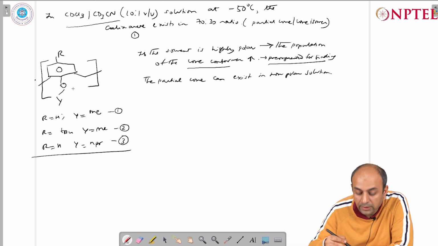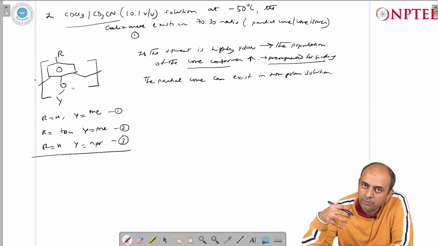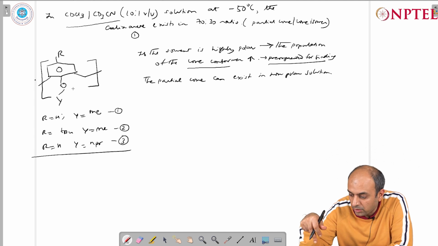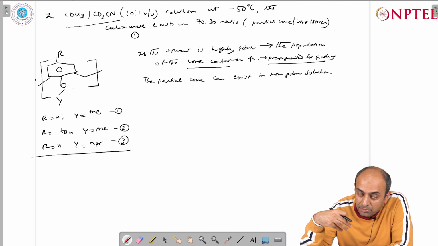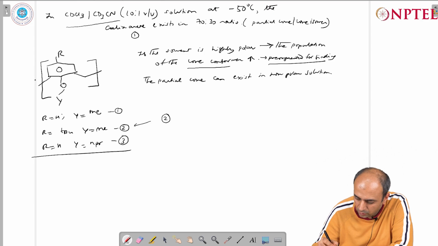Because all the oxygen atoms are in the lower rim and they are more oriented towards interacting with the cationic species. Whereas if the conformation changes to the partial cone, then it is not as much pre-organized for binding like the cone conformer. So, now consider the compound 2, where Y is equal to methyl.